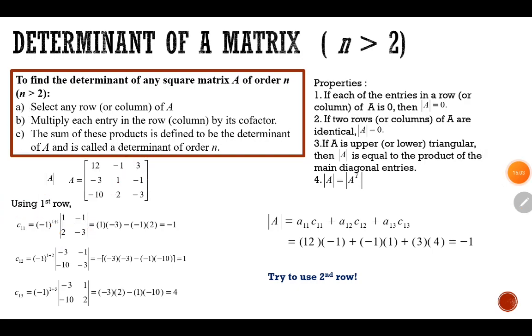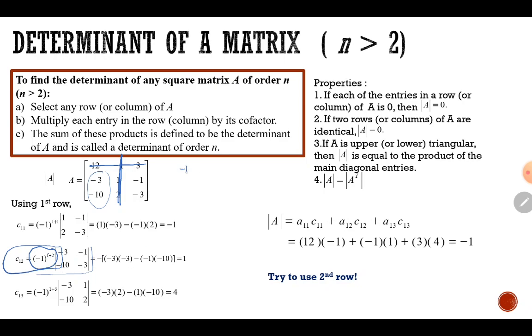Okey, seterusnya kat sini kita ada C12. Apa maksud C12? Maknanya tadi kita still lagi potong first row, but now we proceed to the second column. Okey, so apa yang tinggal entry kat dalam ni adalah negatif 3, negatif 10, negatif 4, negatif 3. And dia punya ni negatif 1 ni pula sebab kita potong first row second column, so dia jadi negatif 1 tambah 2, so jadi kuasa negatif 1 kuasa 3.